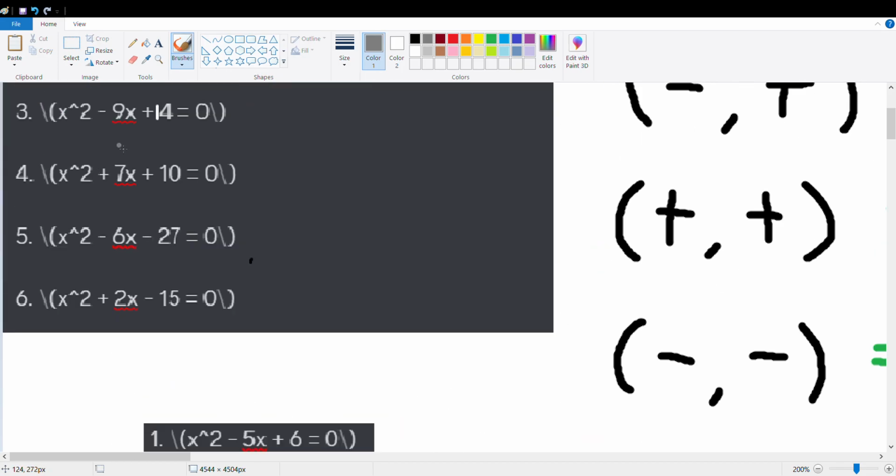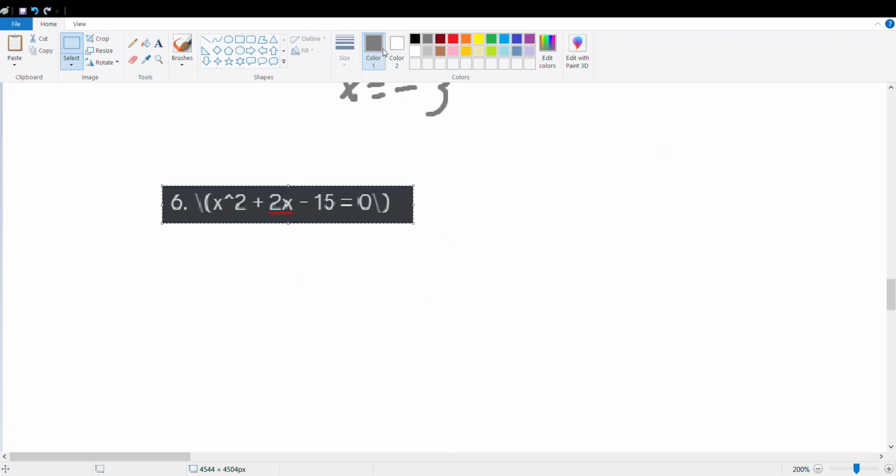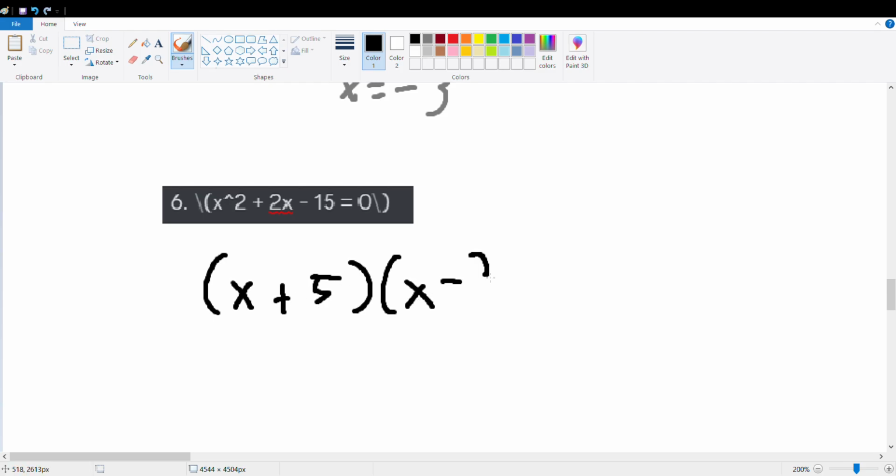So number 6, positive and negative. So this should also be the same. For 15, I can already tell 5 times 3. So x plus 5, x minus 3 equals 0.